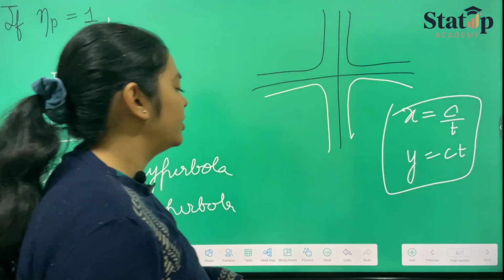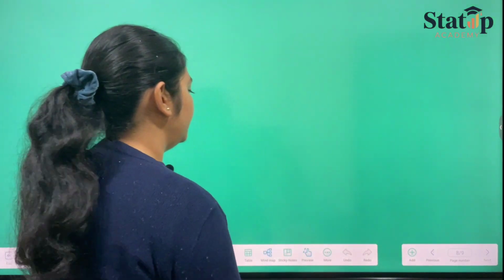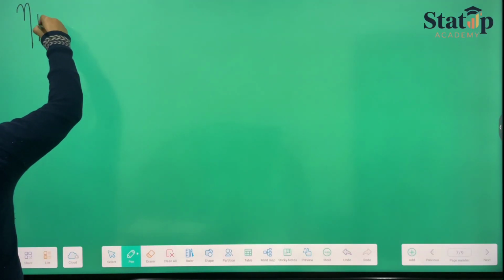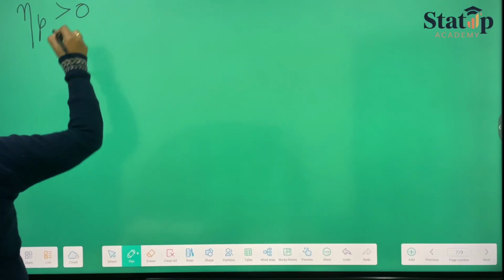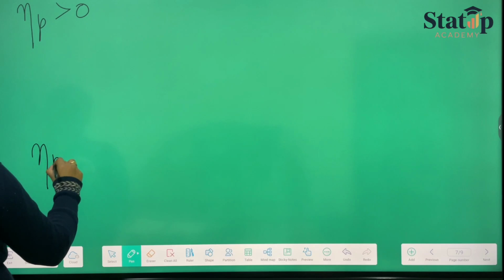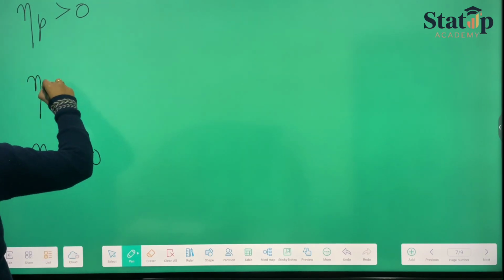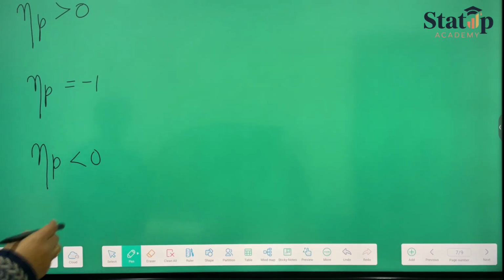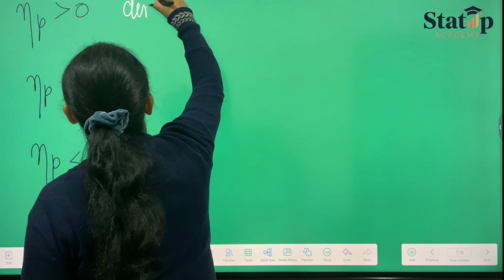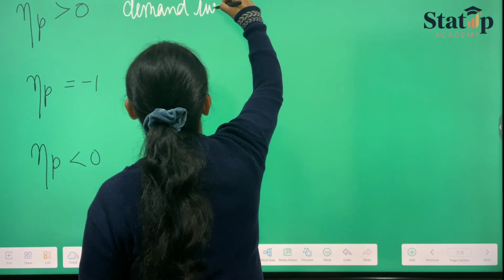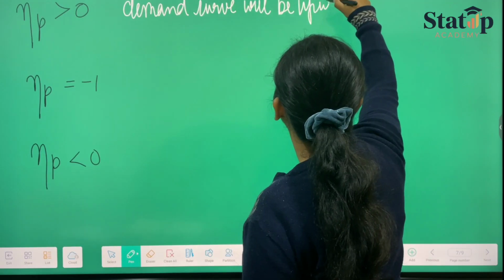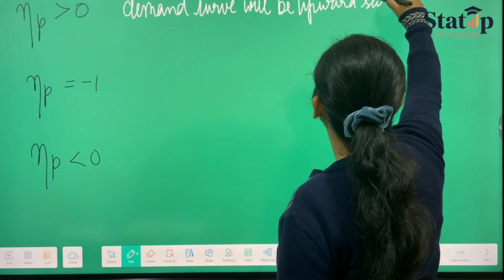One more thing I want you to keep focus on here: if eta, price elasticity of demand, is greater than 0, if it is less than 0, and if it is equal to -1. There are three conditions. If it is greater than 0, then the demand curve would be upward sloping.